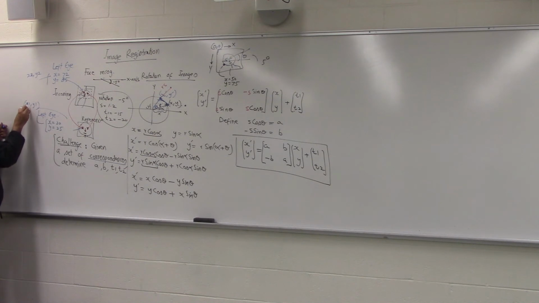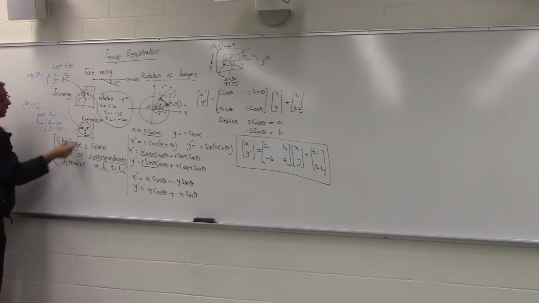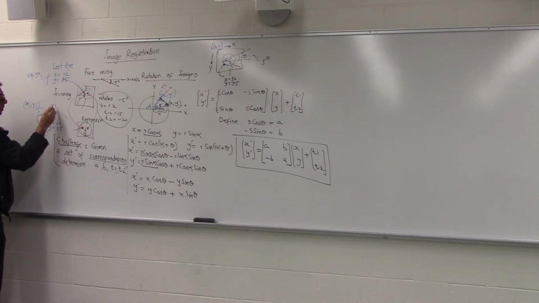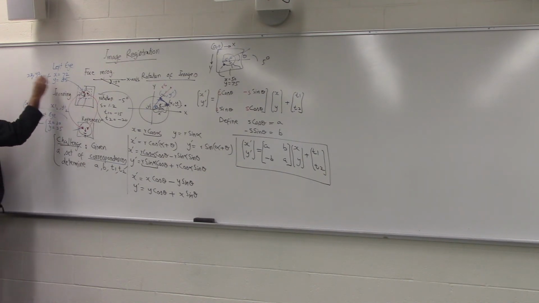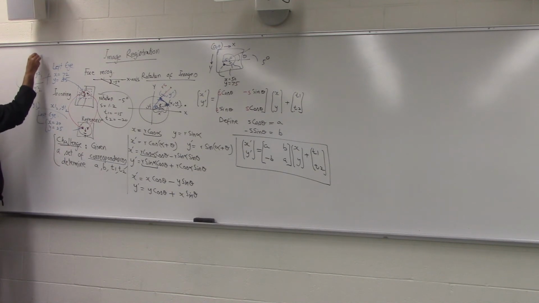Or you can think of x1 of 1, y1 of 1, x2 of 1, y2 of 1, so that's the left eye. Same way, if I go to the right eye in the reference image, let me call it x1 of 2, y1 of 2, and very similarly over here, let me call this incoming image x2 of 2, y2 of 2, as far as the right eye is concerned.